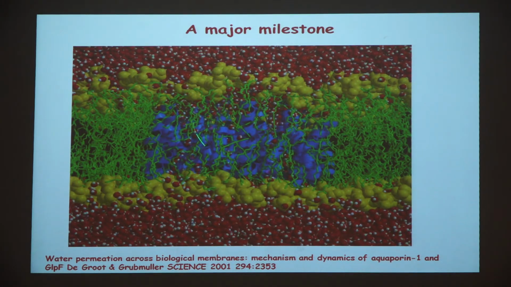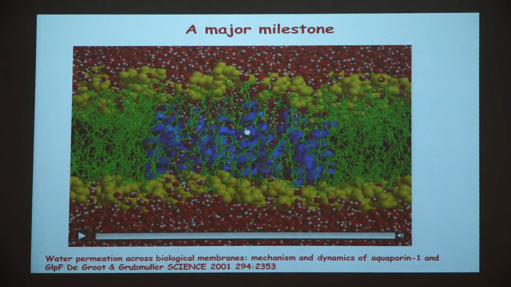So biologists, aquaporin is very important for maintaining homeostasis of cells. It selectively allows water molecules to go through, okay? So this simulation allowed them to do so because water molecules go past this membrane at about 10 to the power 9 water molecules per second on average, which is one event every nanosecond.